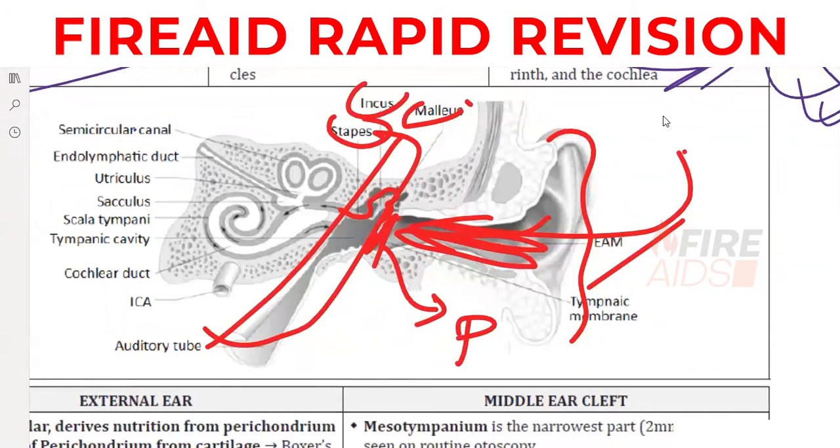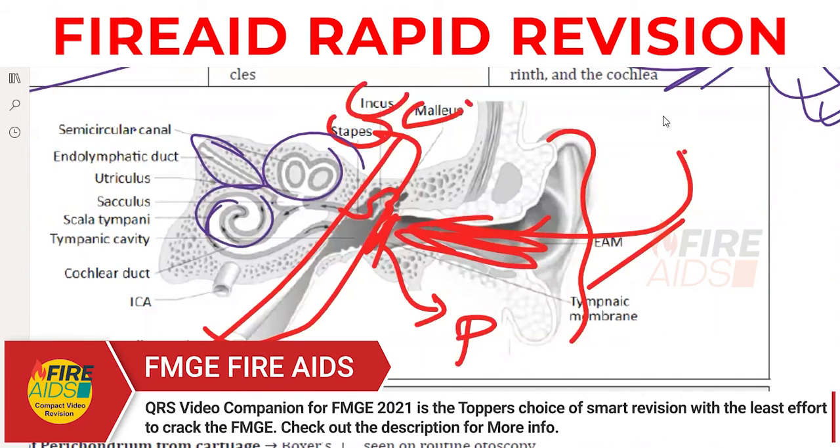The inner ear contains a semicircular canal over here, and then an endolymphatic duct over here, and then the utricle and saccule over here. Inside them is the scala tympani. This portion is called the scala tympani. And then there's a tympanic cavity, which precedes the middle ear.